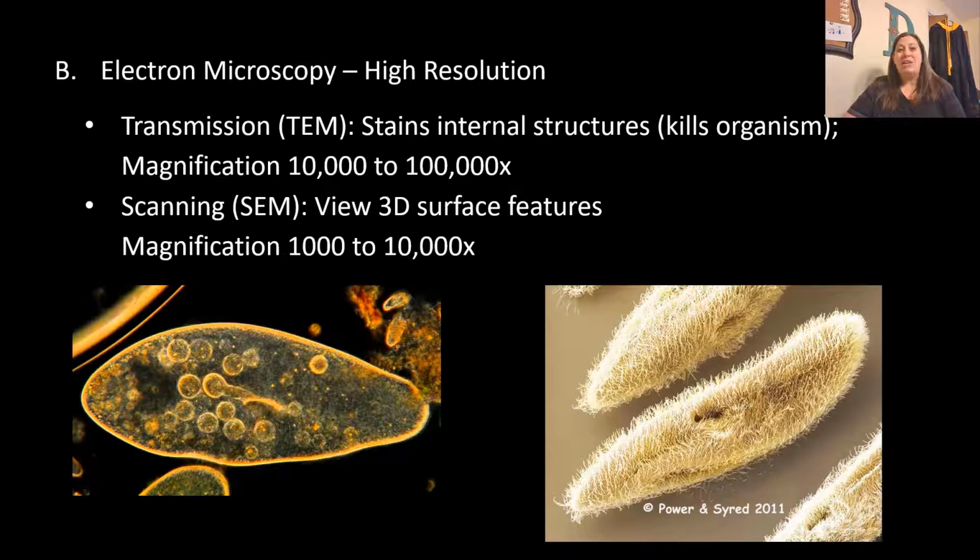But the magnification can be 10,000 to 100,000 times its normal size. The scanning, or SEM, electron microscope uses 3D surface features, so it can't magnify as greatly, but it can show more surface features. This also allows the organism to pretty much stay alive during the process. This magnifies 1,000 to 10,000 times.